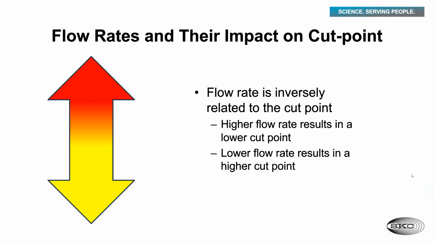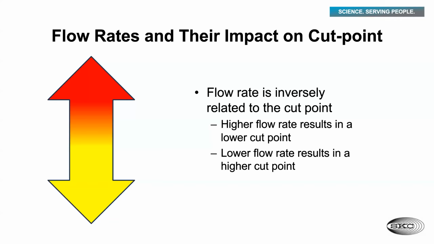So as far as flow rates and their impact on cut points, it is inversely related. And what I mean by that is, let's say that we have a 2 liter a minute PPI. If you decide to run at a 3 liter a minute volume versus a 2 liter a minute volume, you're going to reduce the cut point.